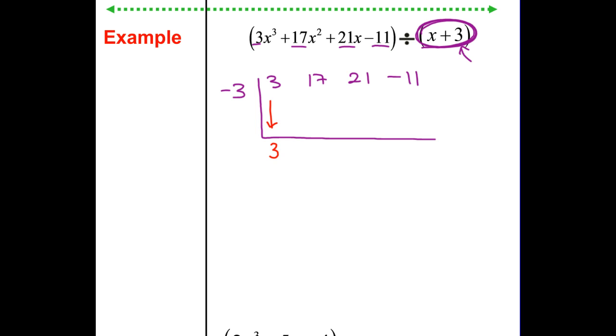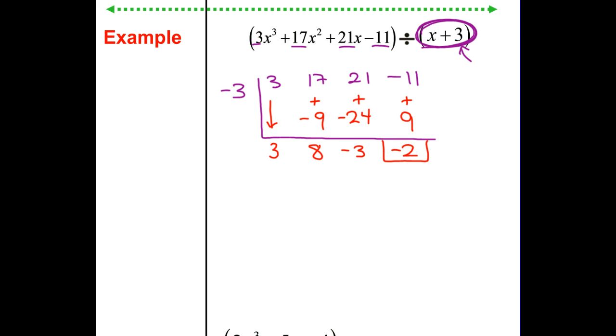Now we multiply. Negative 3 times 3 is negative 9. We add those two, so we get 8. Negative 3 times 8 is negative 24. We add those two, we get negative 3. Negative 3 times negative 3 is positive 9. Add those two, and we have negative 2 left.